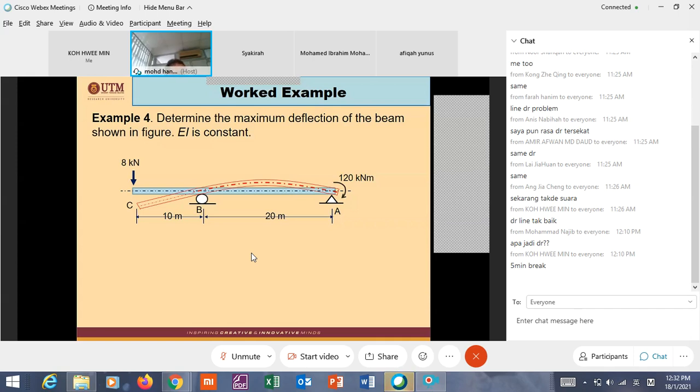Okay. We have another 20 minutes for this example 4. We have another topic actually, using the unit load or virtual work method. Maybe we can continue next lecture. Okay. Example 4. This is a simply supported beam with overhanging cantilever. Determine the maximum deflection of the beam shown in the figure. EI is constant.